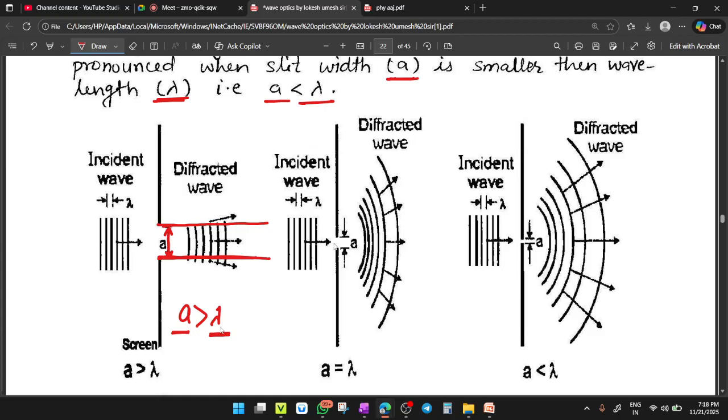But now when you decrease the slit, see the second case. Here the slit width is equal to lambda. Suppose the width of the slit is in nanometers, and the wavelength of the wave is also in nanometers. So when these are equal, then diffraction will take place in a large amount.